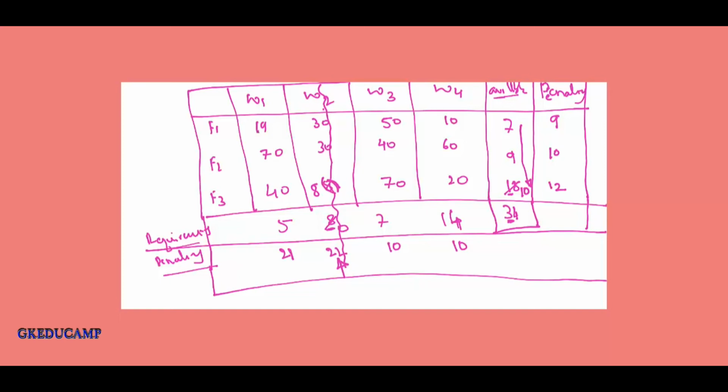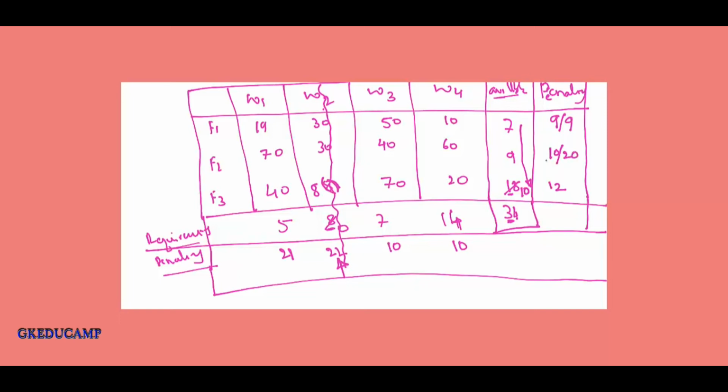For the first row, factory 1: 19, 50, 10. 10 and 19 are the minimum values, so 19 minus 10 gives 9. Write it here. Second row: 70, 40, 60. 40 is the minimum and the second minimum is 60, so 60 minus 40 is 20.